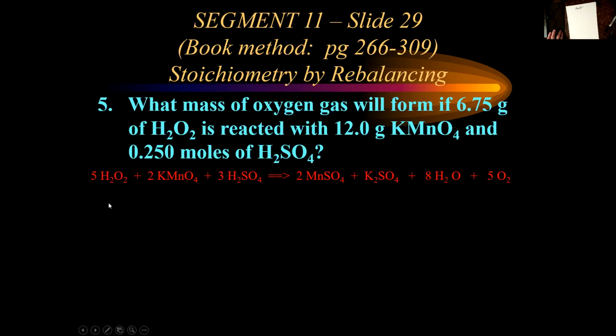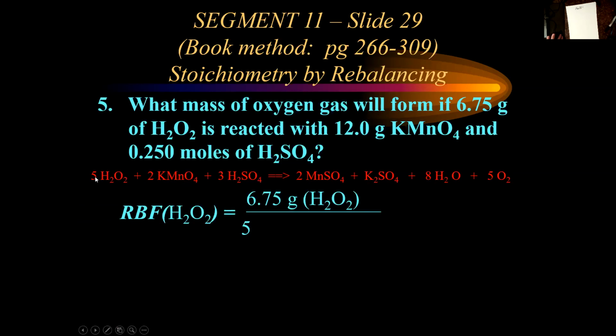Okay. All right. Now, let's see. What mass of oxygen gas will form if 6.75 grams of peroxide, so we got a rebalancing factor. Let's do it. 6.75 grams is given in the problem. How much is the equation showing? 5 moles. And the molecular weight is 34. 2 times 16 is 32, and 2 times 1 is 2, and 32 and 2 is 34.